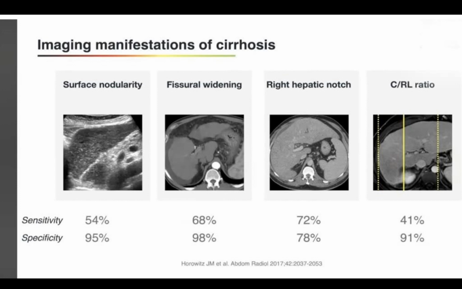Imaging manifestations. In this image, you have many signs of liver cirrhosis. These signs have a high specificity but low sensitivity. Why? Because we may have patients with liver cirrhosis without any visible changes in their liver.